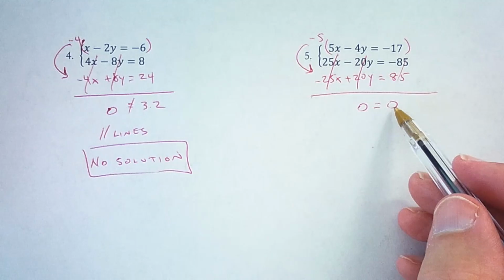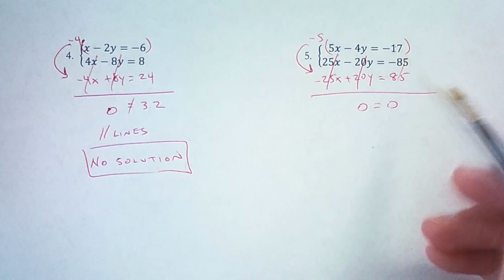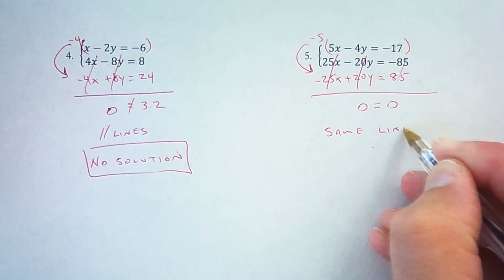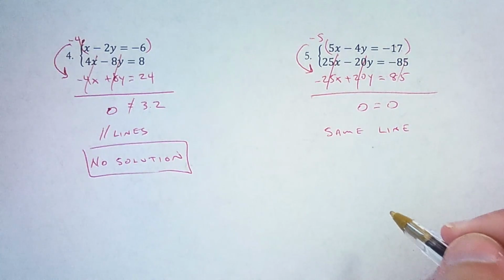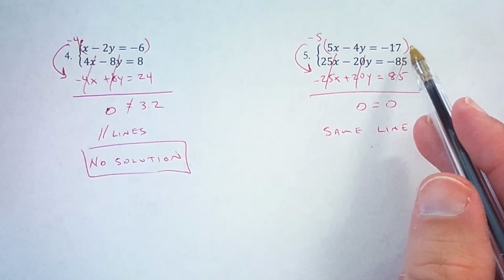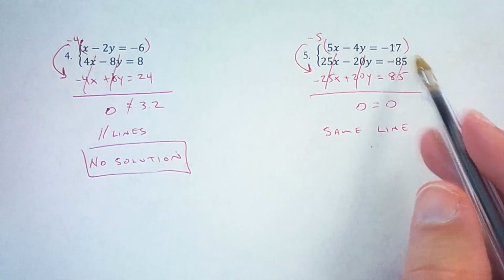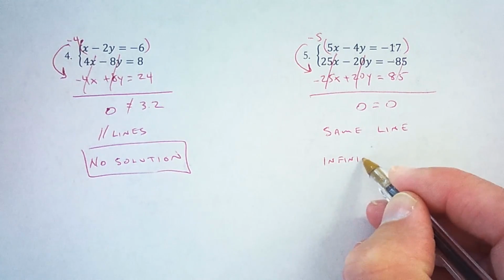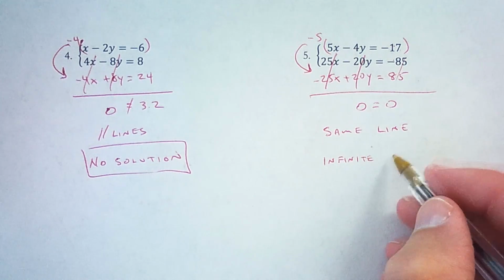Now that is a true statement. That means that these two equations are actually two different equations for the same line, which means every point along the line is a point of intersection of these two lines. And there's an infinite number of points along the line, so there are infinite solutions to this set of equations.